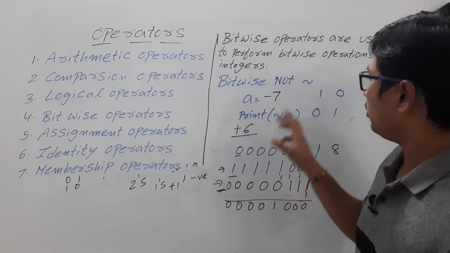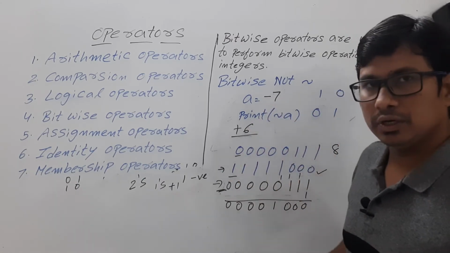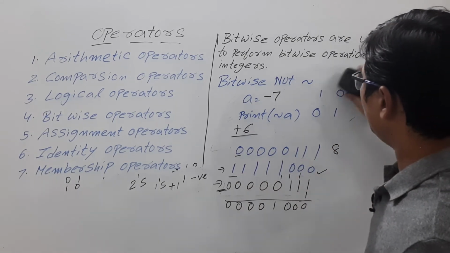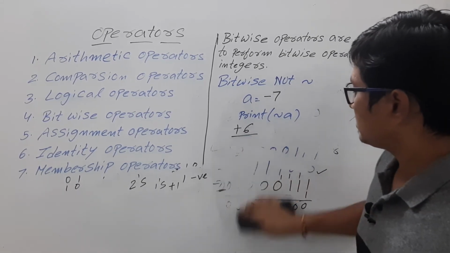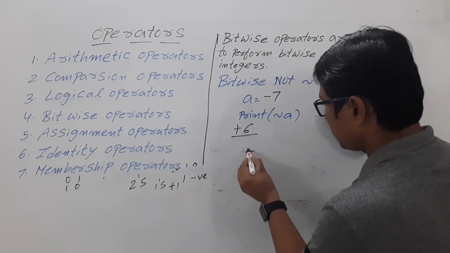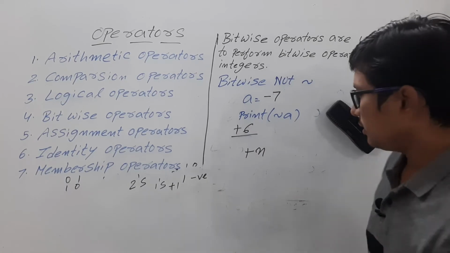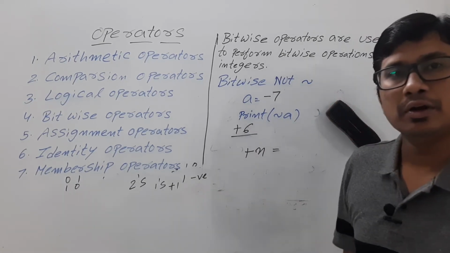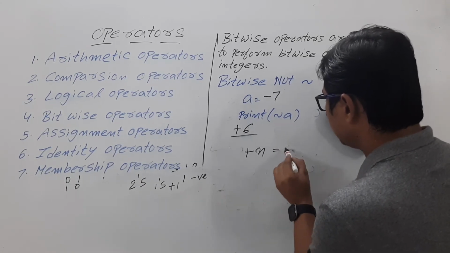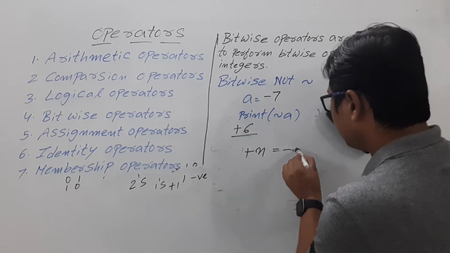Even we can perform the bitwise NOT on the negative numbers, and this is the number you will get. So the shortcut for you is that if it is a positive number, then if you want to compute the NOT operation, it will be minus n plus 1.